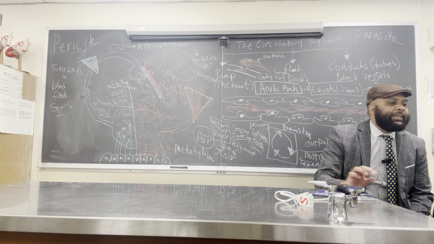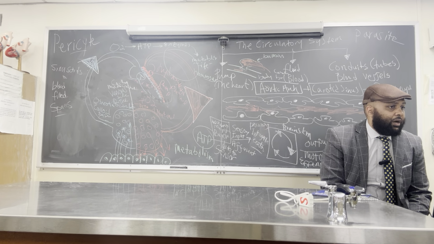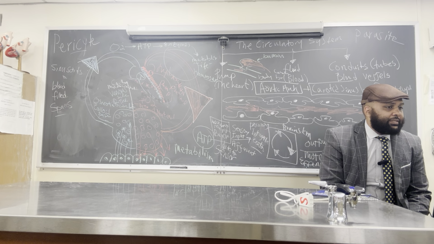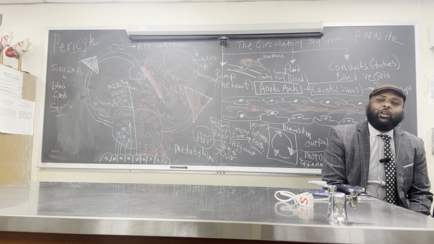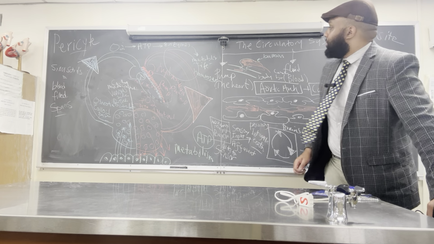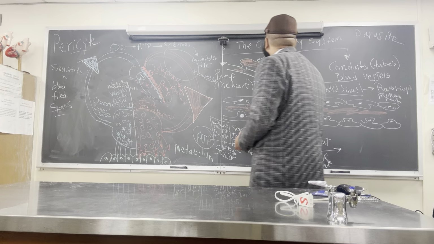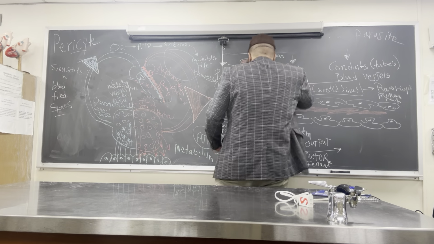Veins are known as the capacitance vessels of the cardiovascular system. These are thin-walled and flaccid, and they collapse when they are empty. So why do we call them the capacitance vessels? You need to remember that veins are the capacitance vessels.